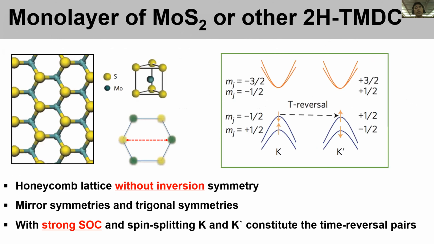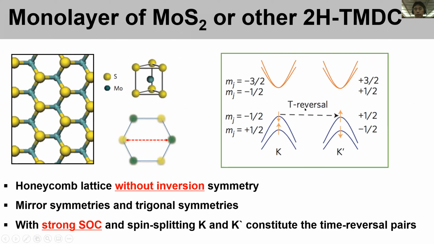One example of our study is single layer molybdenum disulfide, MoS2, and this is just a simple insulator, a topologically trivial and time reversal symmetric insulator.